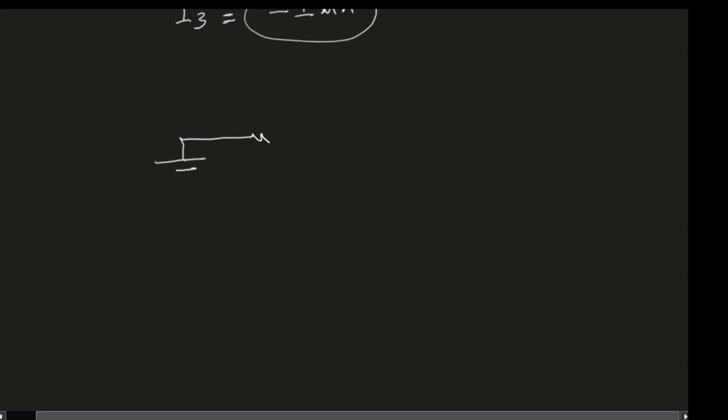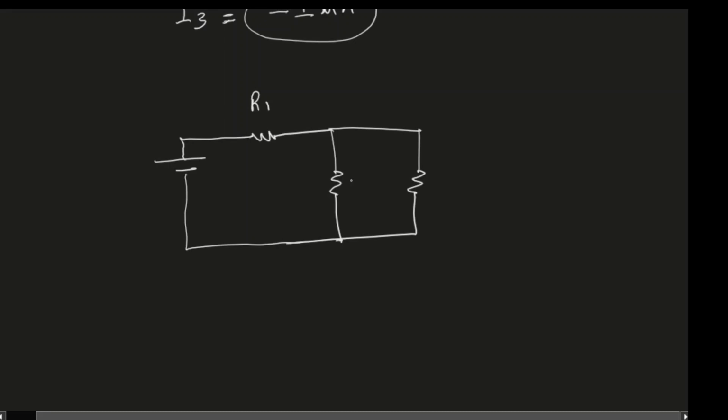And the circuit is as follows. I have a constant voltage source connected to one resistor, then two more resistors. This one is R1, R2, and R3.